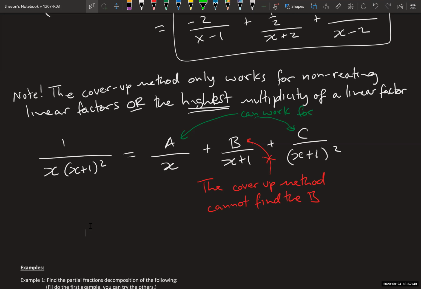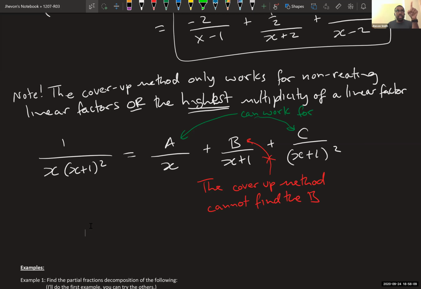Does it work for trigonometric functions? No, partial fractions is a method for rational expressions. So if you're in a situation where you have a trig function that you want to do this with, you'd have to do some sort of substitution to make it not look like a trig function.